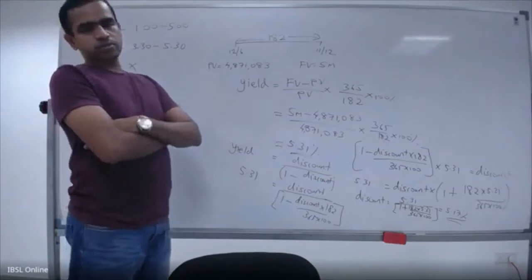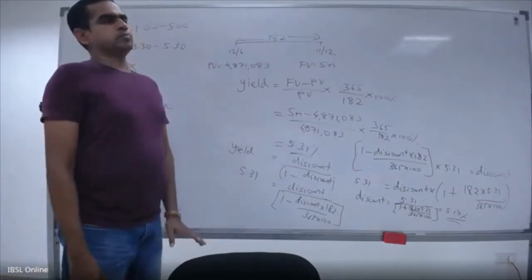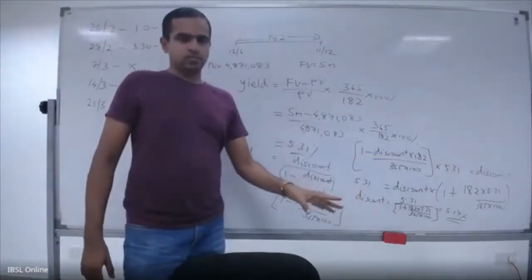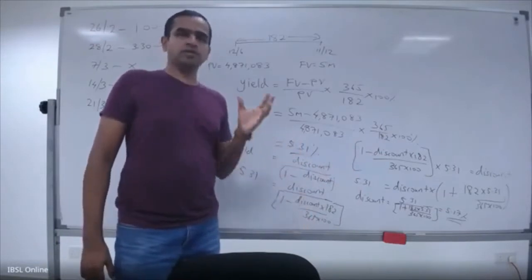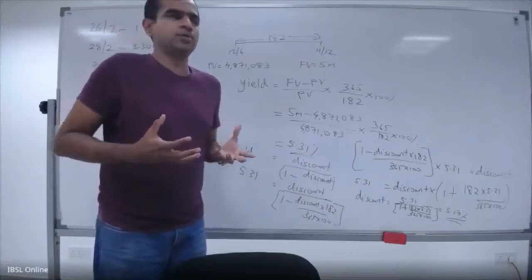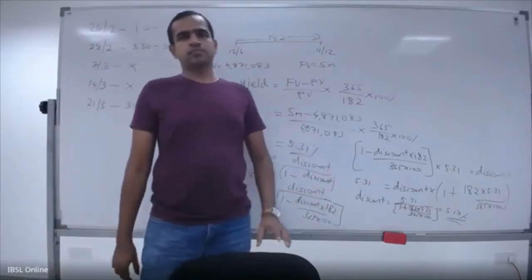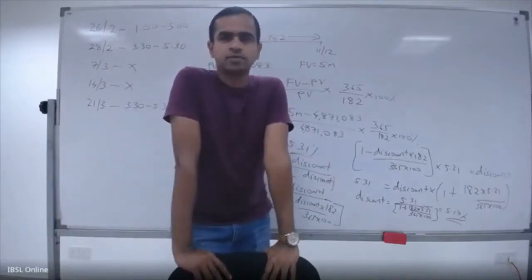Now it's important to understand the difference between discount and the yield, right? So in other words, yield means if you invest $100, how much can you expect when your investment matures? What is your actual return? The tangible benefit you derive out of your investment. It's like the return on investment. How much of return can you expect from your investment?